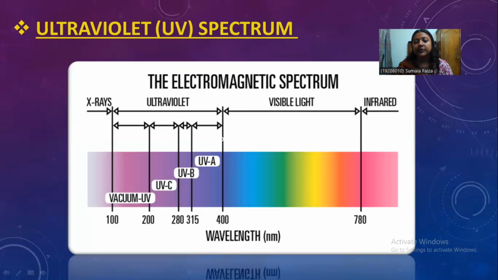From 100 to 400 it is called ultraviolet ray. Visible light goes from 400 to 780 nanometers, and after 780 nanometers, the wavelength is called infrared ray.